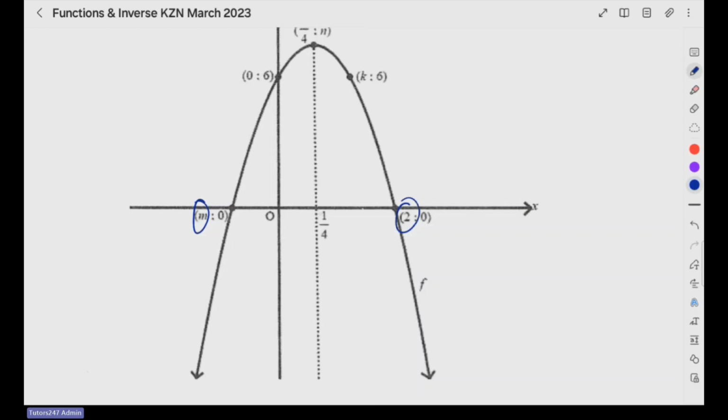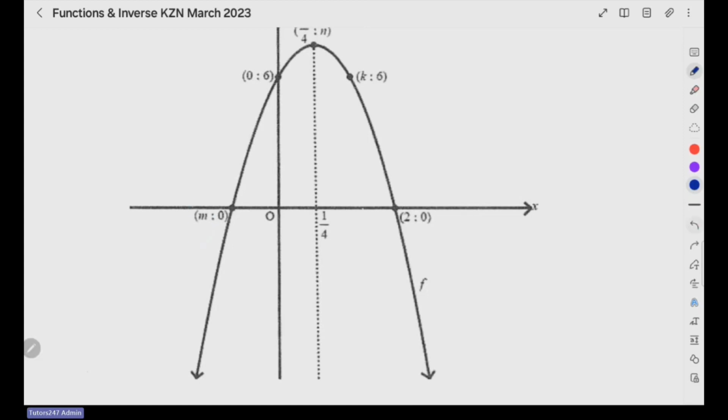One option is to ask ourselves, because we already know that to go from m to 1 over 4 is the same distance to go from 1 over 4 to x is equal to 2. They are equal. So we can ask ourselves, what is the distance between 2 and 1 over 4? And subtract that from 1 over 4 to get to m.